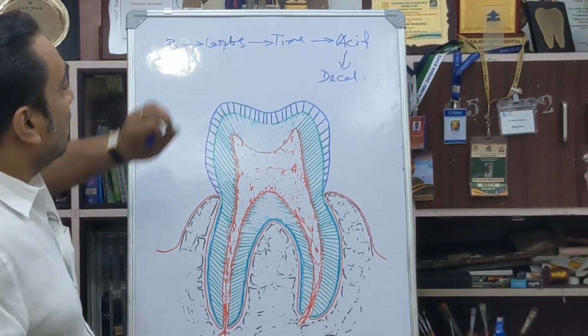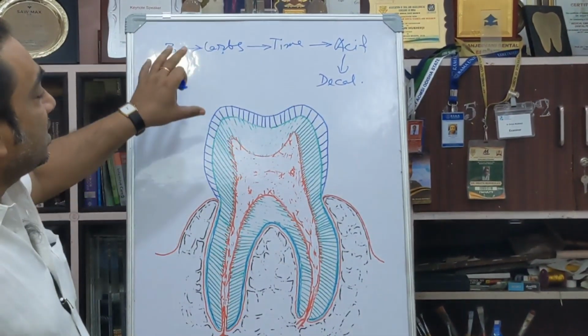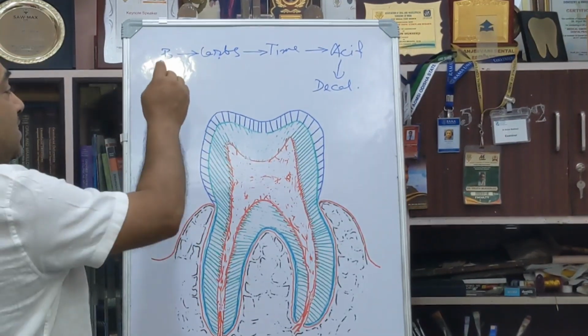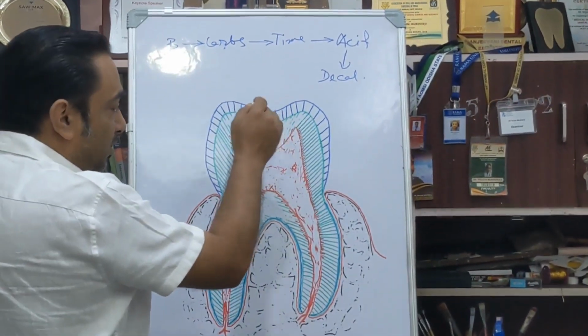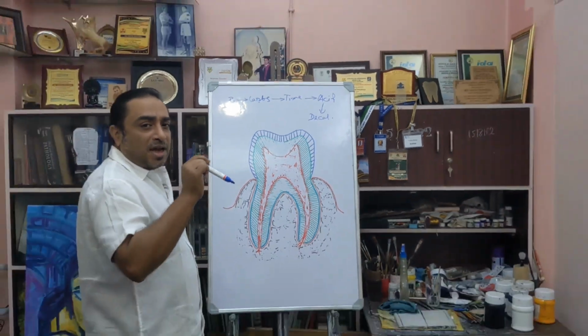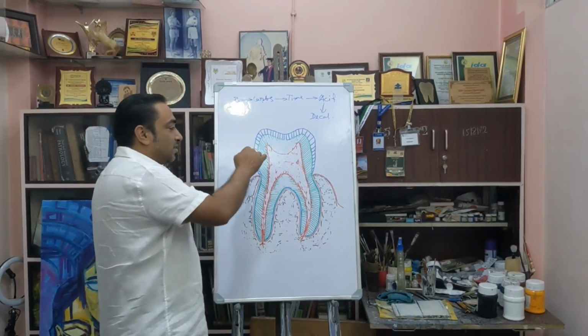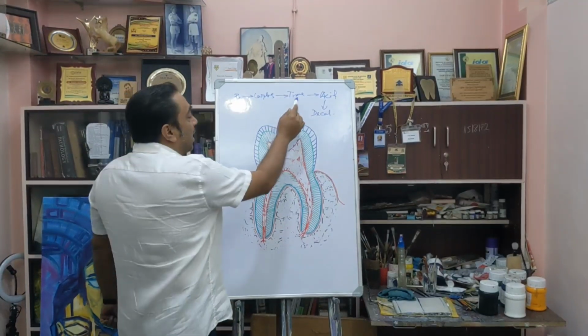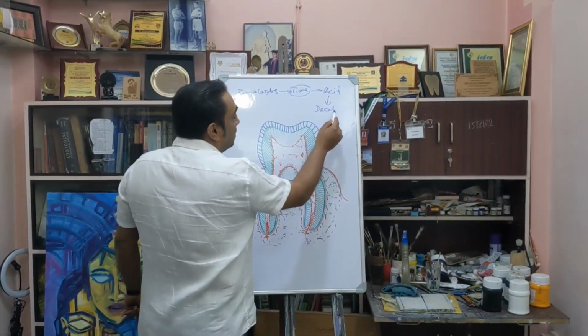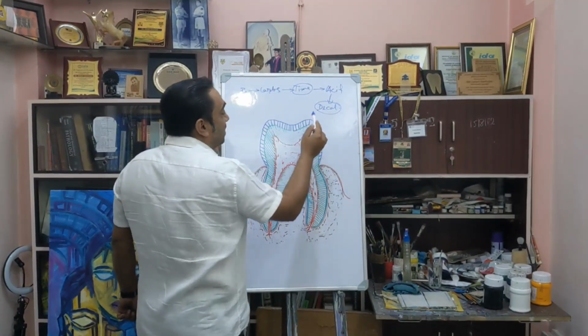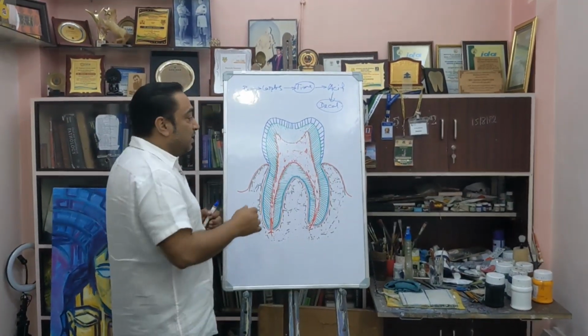So this is a complex process of bacteria working on carbs, which are in the small crypts and dents in the dental hard tissue, and with a factor of time, the acid produced can cause decalcification, which results in decay.